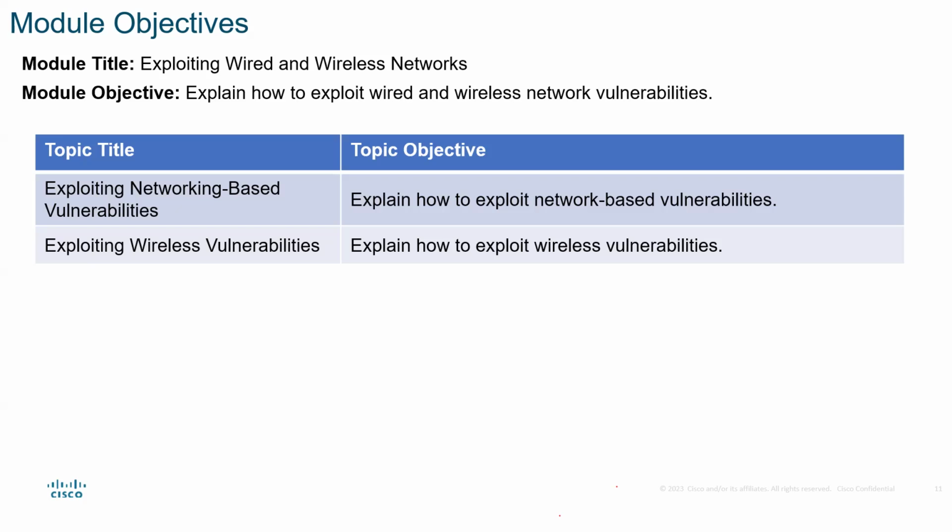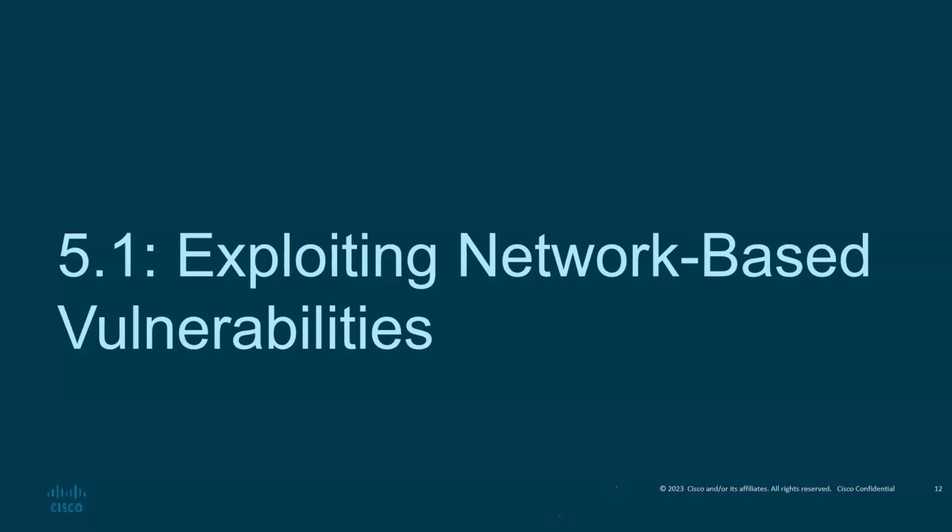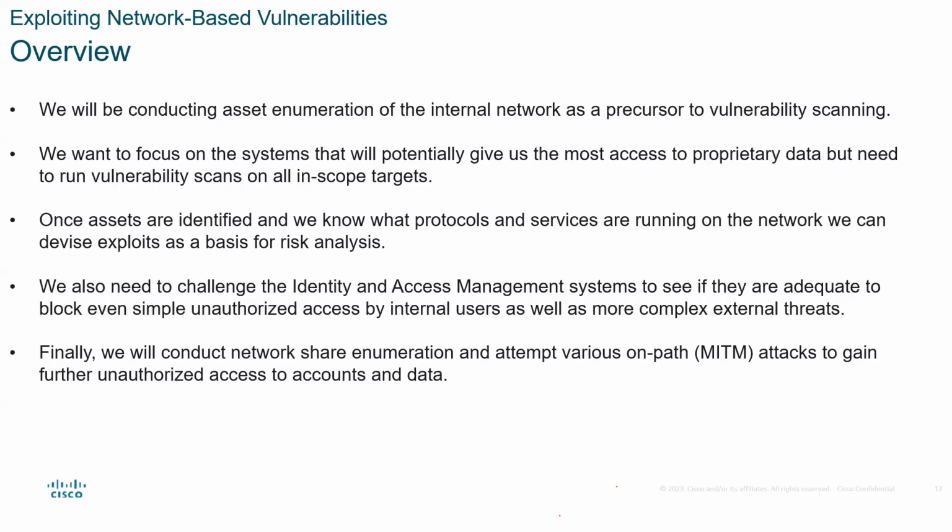So we're going to be looking at exploiting networking-based vulnerabilities and exploiting wireless vulnerabilities. Most times you'll observe that networking captures wired networks. So let's start. As an overview, we'll be conducting asset enumeration of the internal network as a precursor to vulnerability scanning.